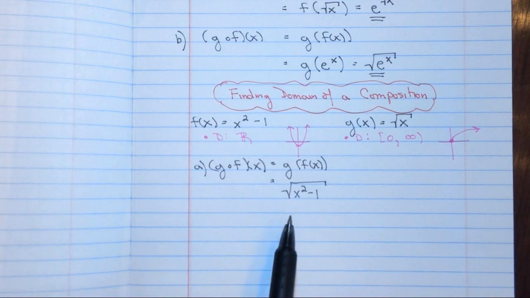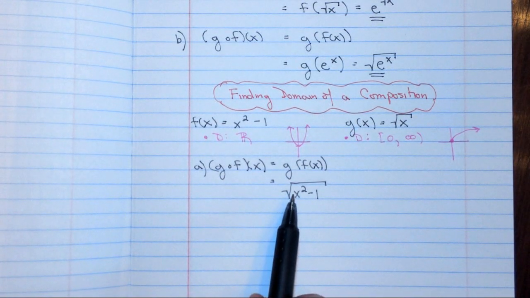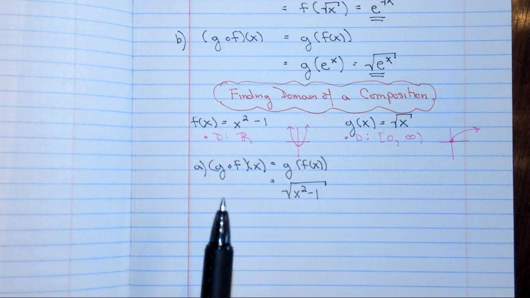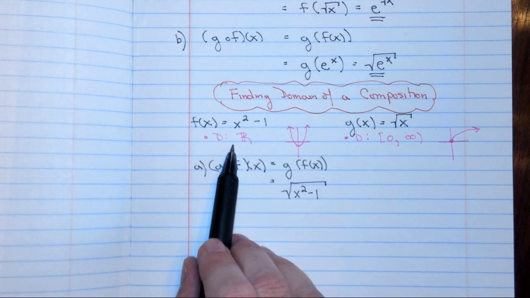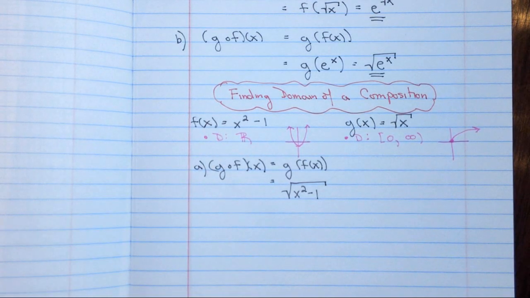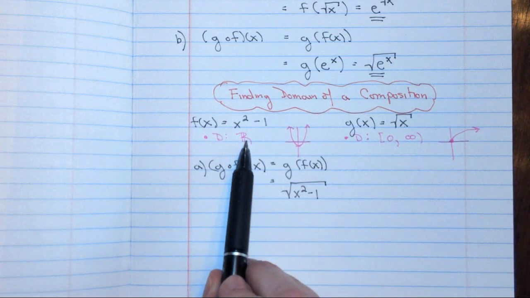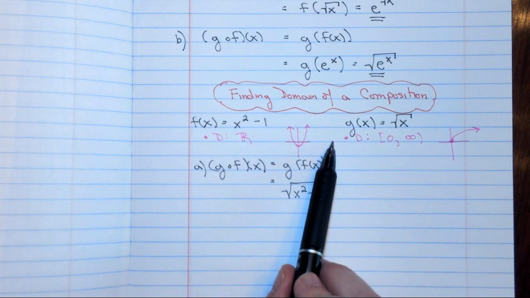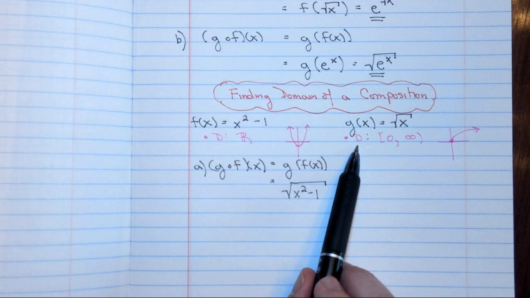Now, it first has to meet the requirement of the one before. That's really nice because this is all reals. So I now need to see, is there more of a restriction on this than all reals, going from negative infinity to positive infinity?